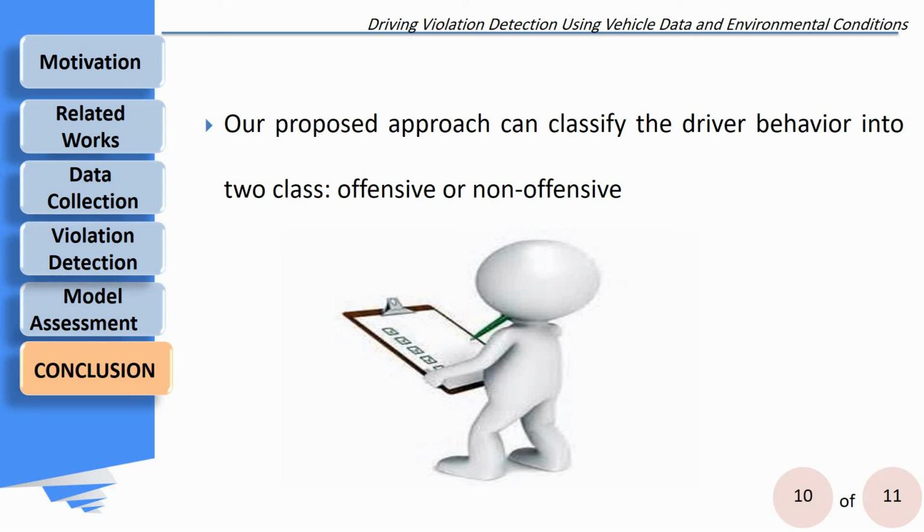In this study, vehicle data provided by vehicle sensors, as well as environmental and location data of the road on which drivers were driving, were taken into account using a smartphone and freely available geographical information.